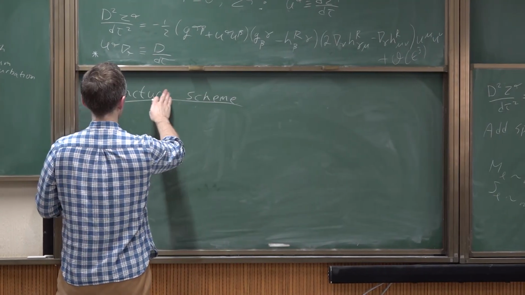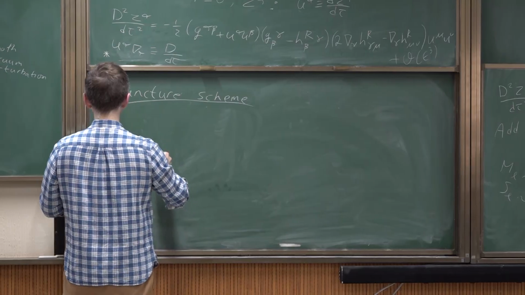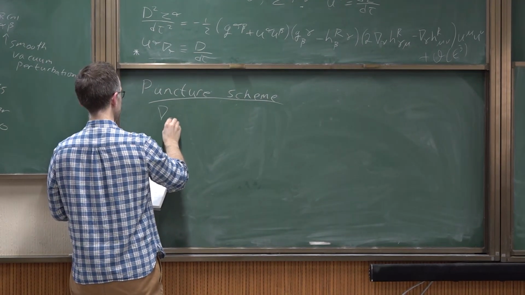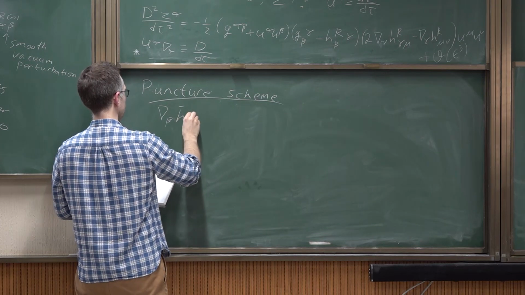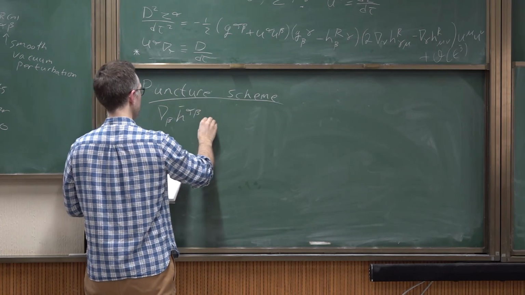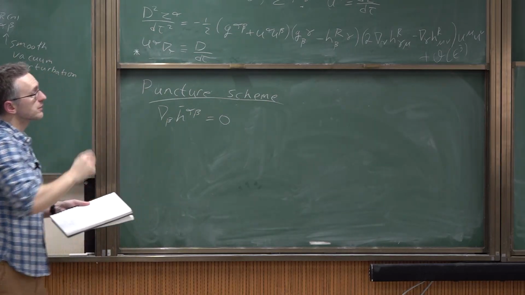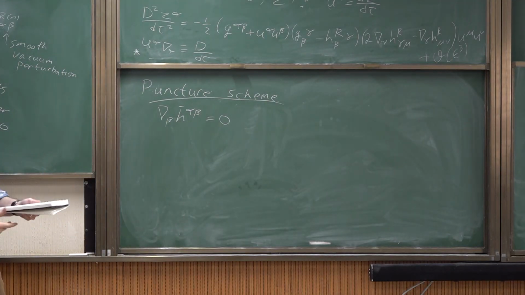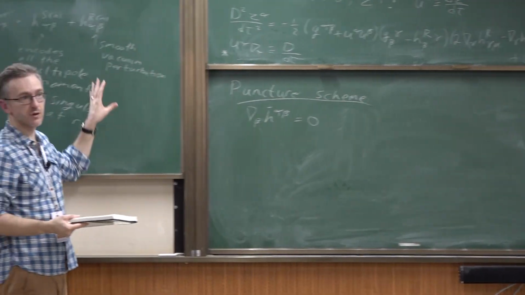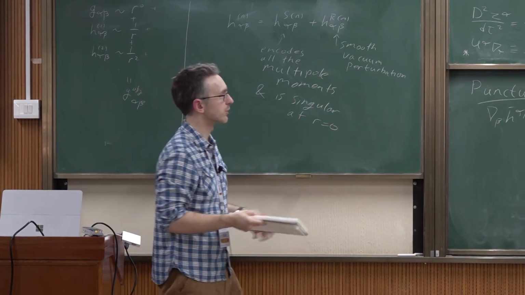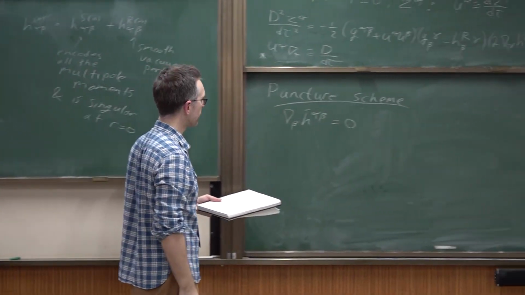Okay, so puncture scheme. First off, I'm going to say let's specialize to the Lorentz gauge for this description. And in fact, all these results, all the second order ones, and the structure of the first order, that's all derived within the Lorentz gauge. I'm solving the Einstein equations in the Lorentz gauge in the body zone, or at least in some zone near the body.